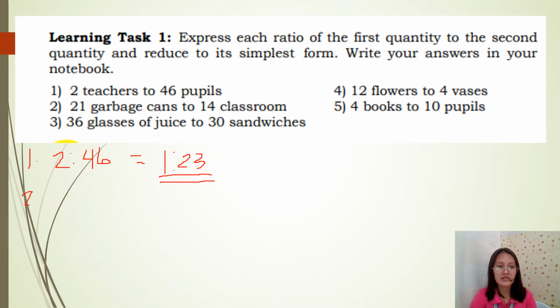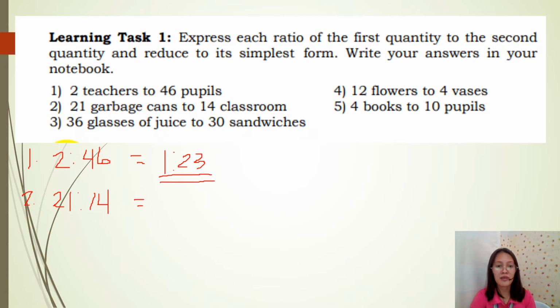Next number, so number 2, we have 21 garbage cans to 14 classrooms. Kagaya nung ginawa natin sa number 1, rewrite muna natin si actual ratio. So we're gonna have 21 is to 14. And then, get the GCF.